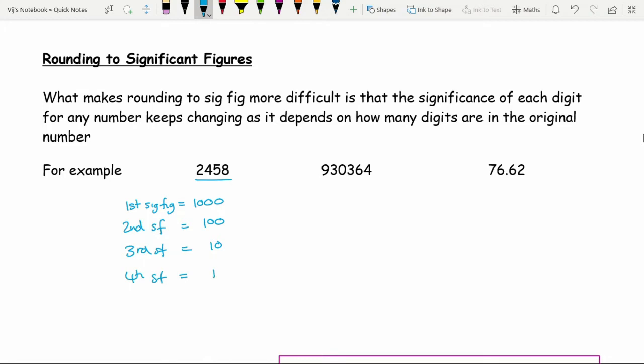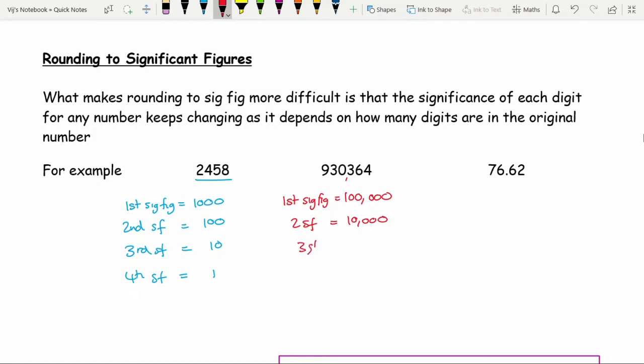So you can see it only goes up to 4 Sig Fig because I've only got 4 digits in this number. Now, our second number is 930,364. My first Sig Fig in this number is 100,000. My second significant figure is 10,000.